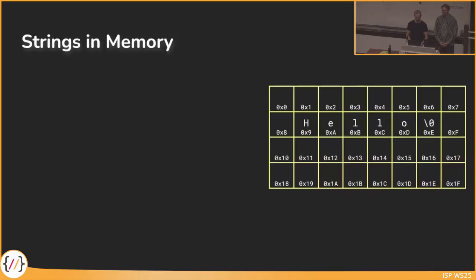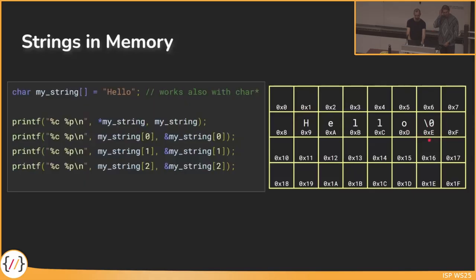If not, then one more thing. Let's go back to our memory, where we have our hello string inside, and we also see at the end our terminating null byte. This now works also for character pointers, but let's say we create our string as an array.